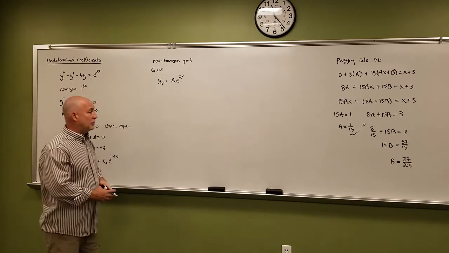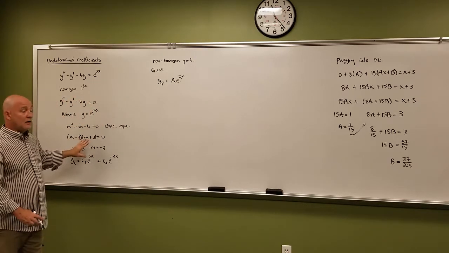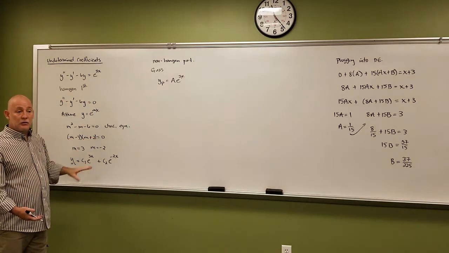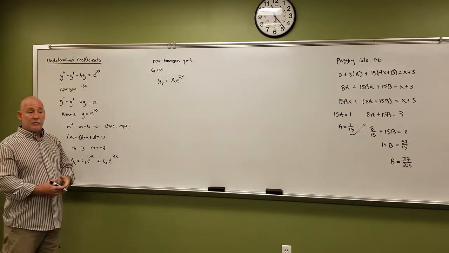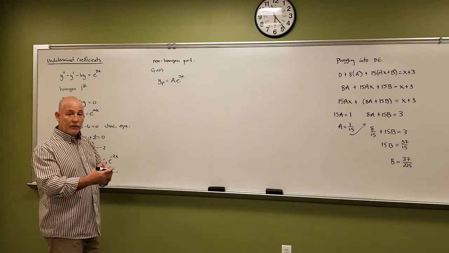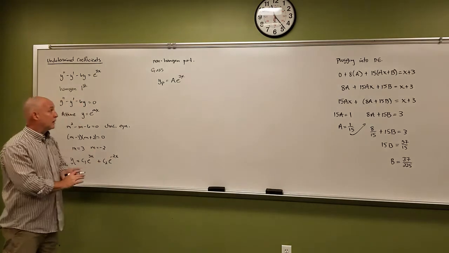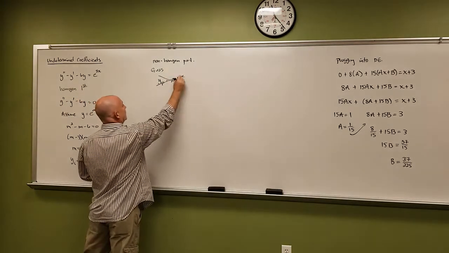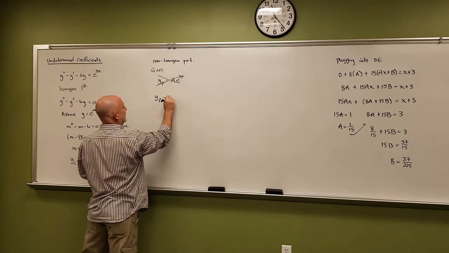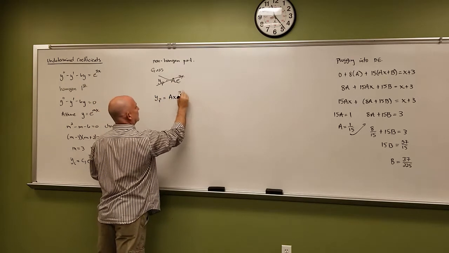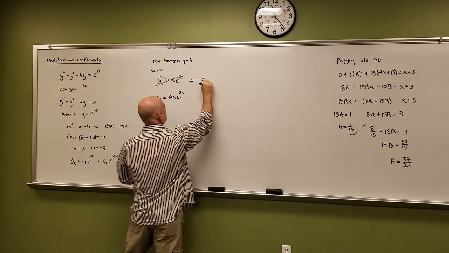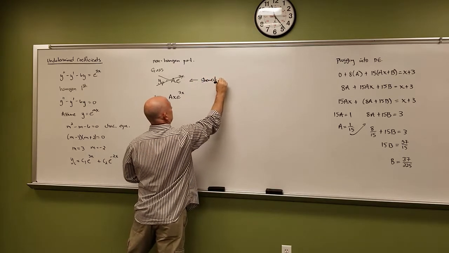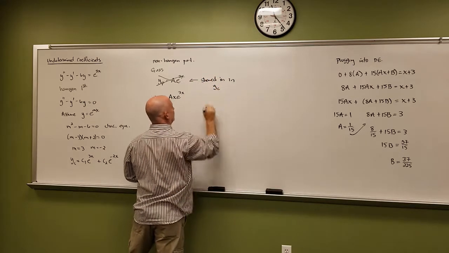We saw when we were dealing with this method, if we had a repeated solution, we just ended up multiplying it by x when we applied our reduction of order formula that we gave you. So this guess won't work. But a good idea is, what happens if I take that guess and multiply it by an x? Since the guess showed up in y sub c.